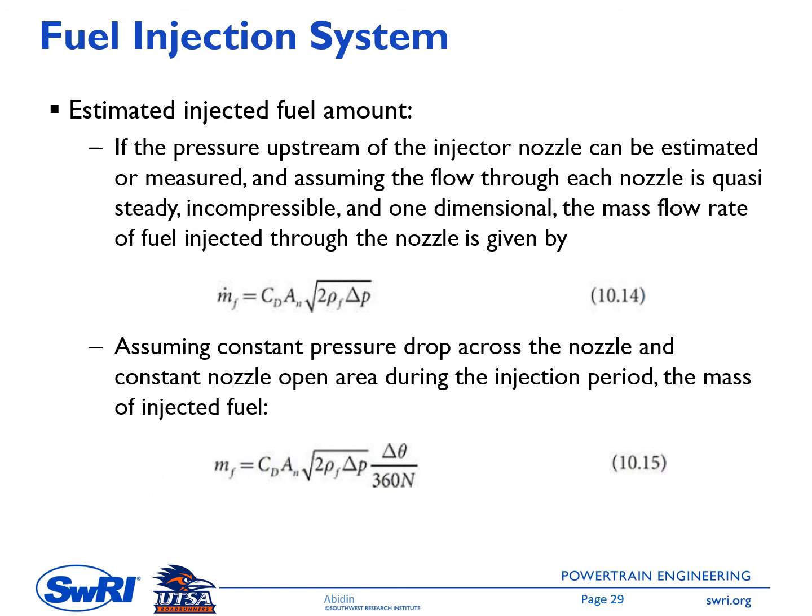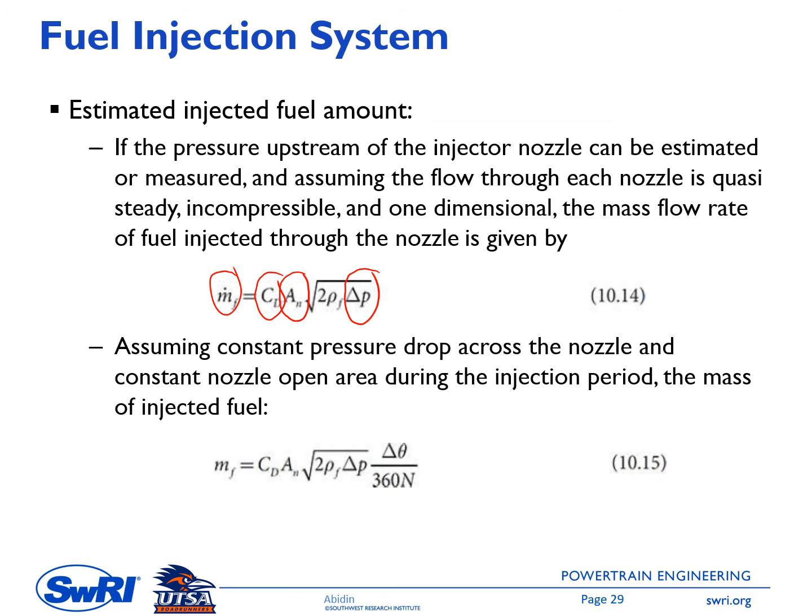Regarding the injected fuel amount, in this case the amount of the injected fuel is controlled by the pressure difference. Here we have m dot equals Cd times An times the square root of 2 rho delta P, where Cd is the discharge coefficient and An is the nozzle area.